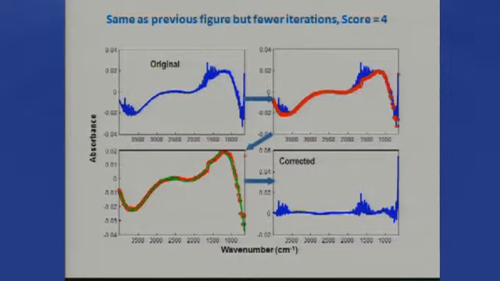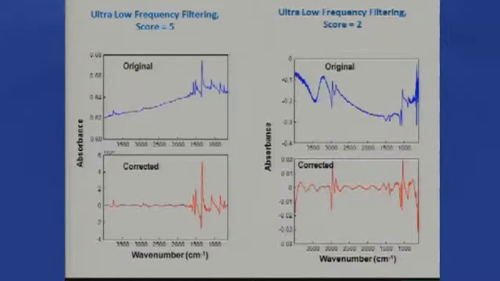So coming up with the right parameters can sometimes vary from spectrum to spectrum. If you look at another one of these called ultra-low frequency filtering, again, under certain circumstances, you get good baseline correction. Under other circumstances, you get lousy baseline correction. Again, it depends on the operator's choice of parameters. We wanted to get away from that.